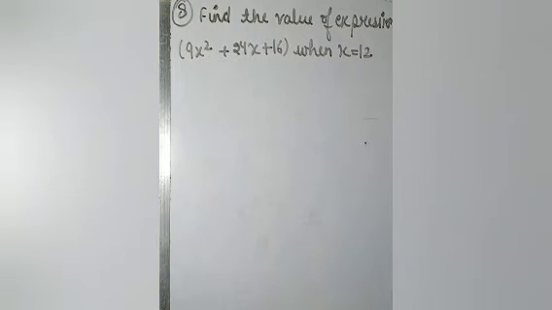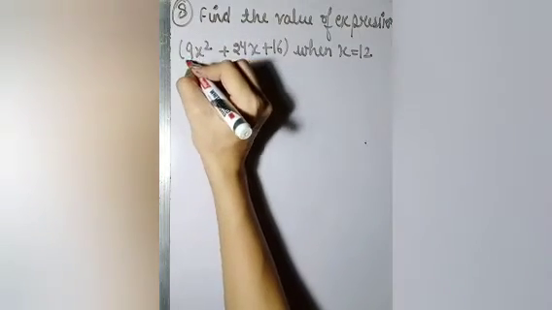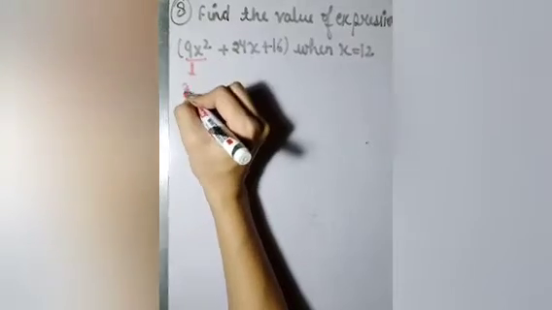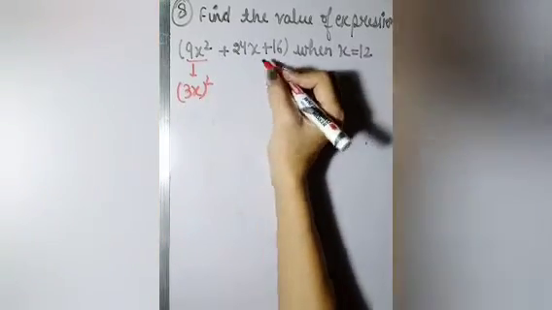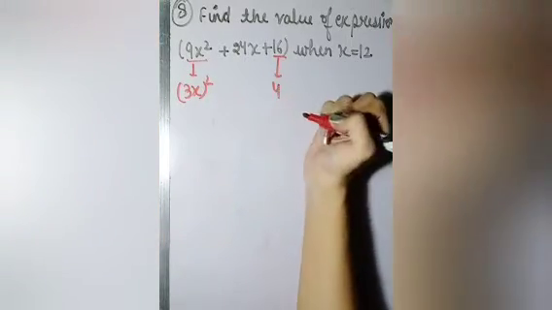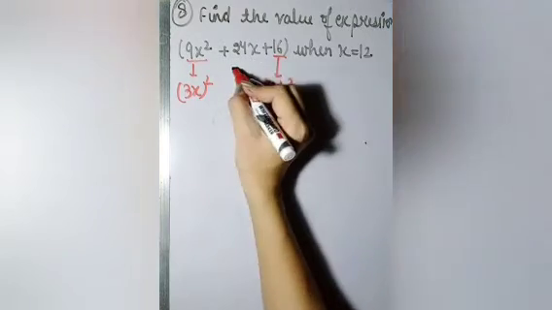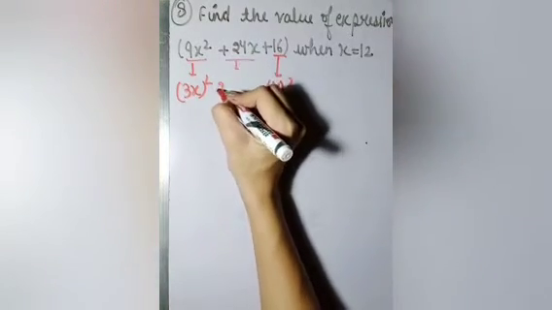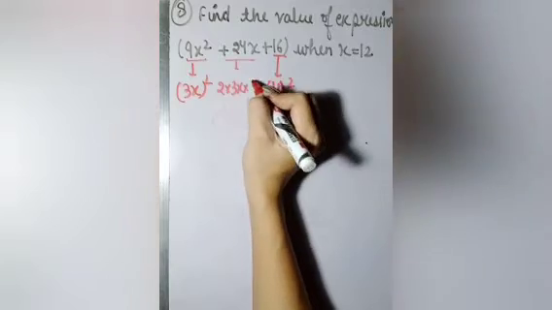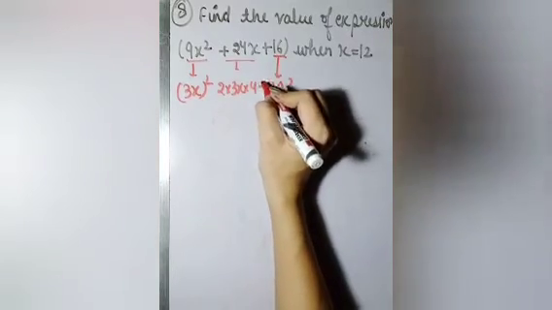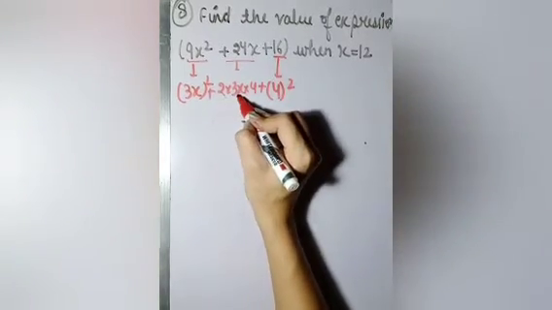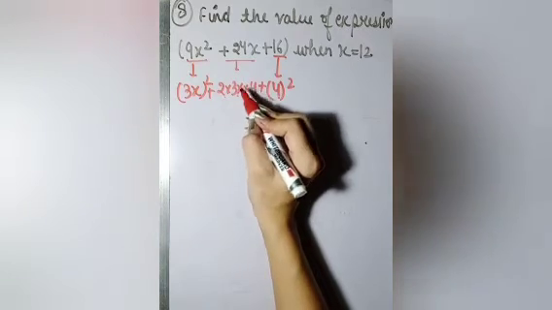Now look at the expression. This is the square of 3x, and this is the square of 4, and here this term is 2 into 3x into 4. See, 2 3s are 6, 6 into 2 is 12, 12 into 4 is 24, 24x.